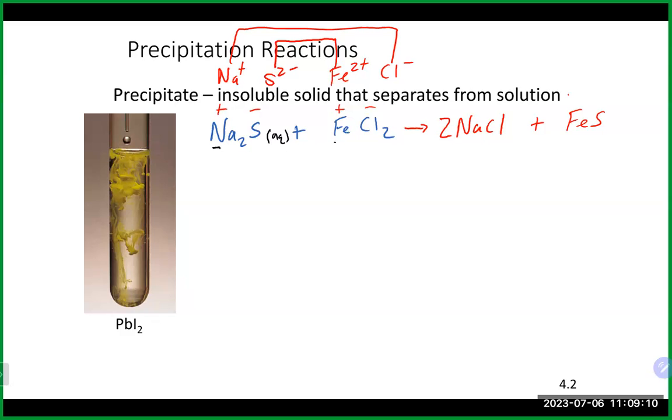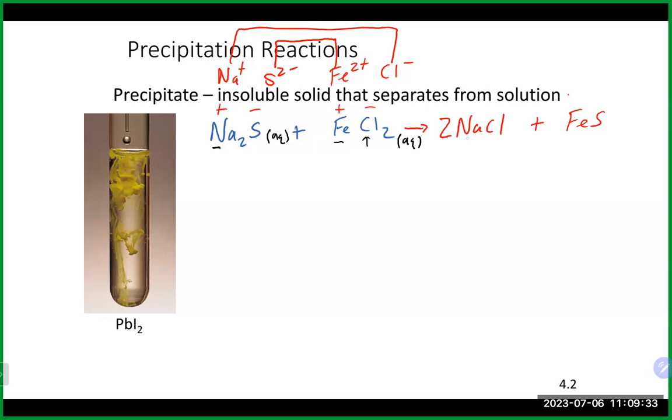Now, I look at iron. I may not find iron on my solubility table, but I will find chloride. And chloride is soluble in everything except silver, mercury, and lead, which this is not any of those. This is iron, so that is not any of those 3.